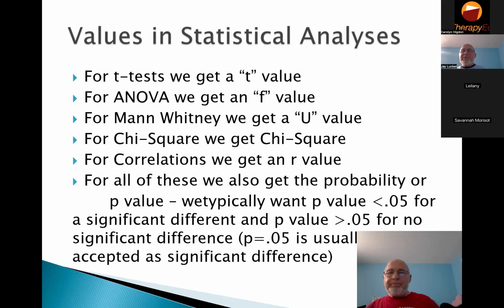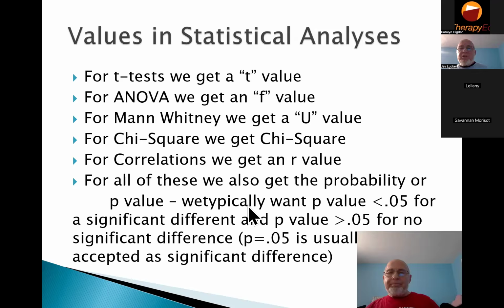What we're saying is, if there is a significant finding, it's 95% or more. Less means more: 0.02 would be 98%. 0.01 would be 99%. Just to give you some numbers.